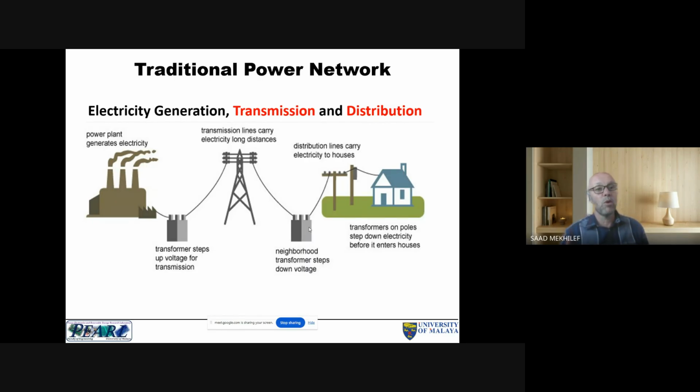If you remove one component, the grid system will collapse. So you can see generation, transmission, distribution, and then you have transformers in between, and that's it. It's called one-way communication or one-way power transfer. So this is the traditional grid.